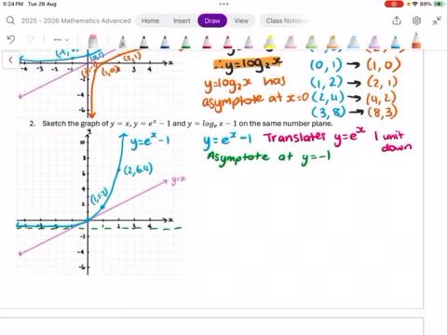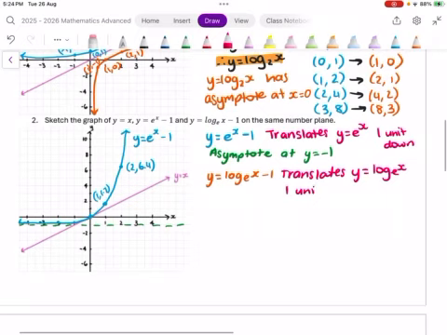Now with our next graph, which is y equals log base e of x minus 1, what happens is it translates y equals log base e of x 1 unit down as well.